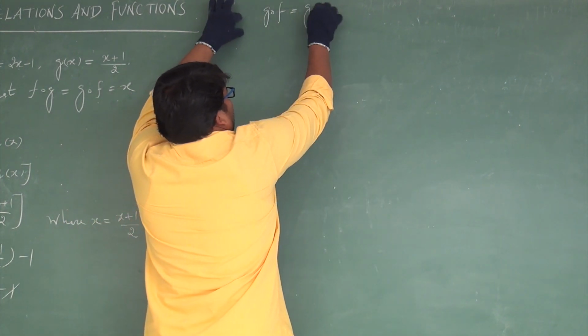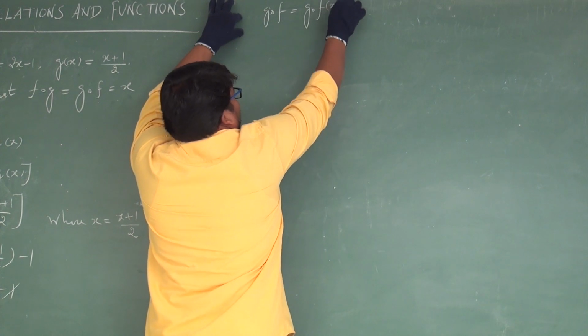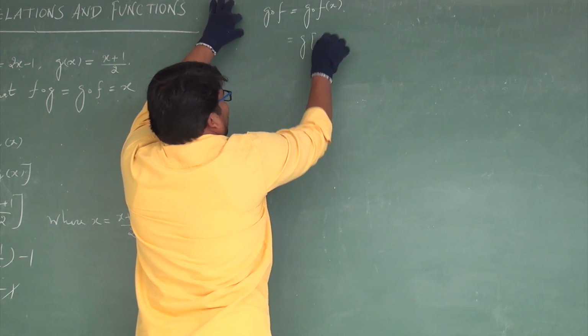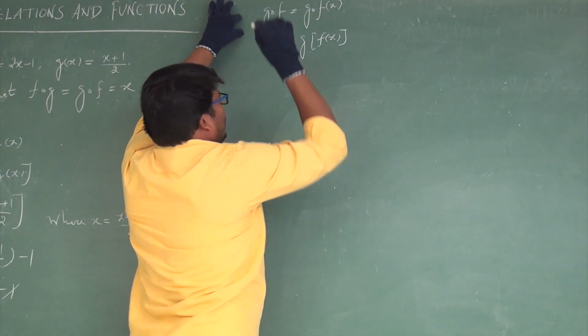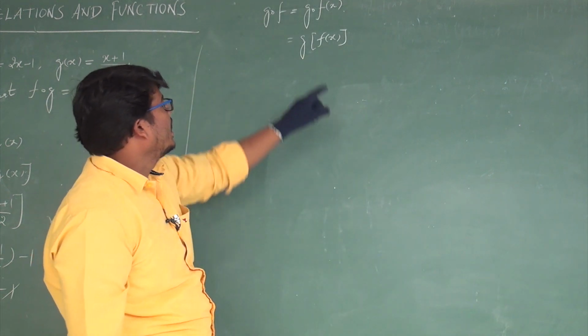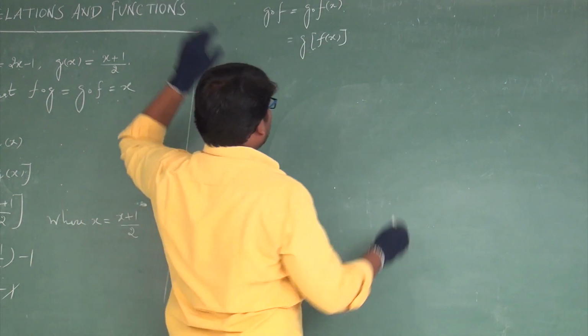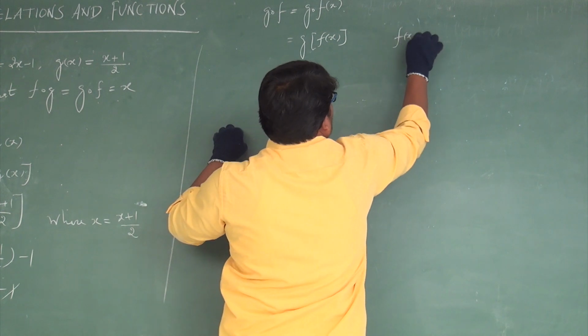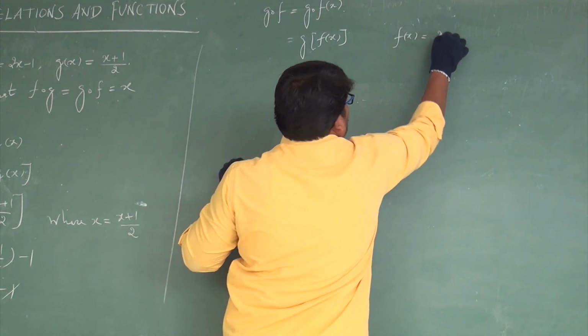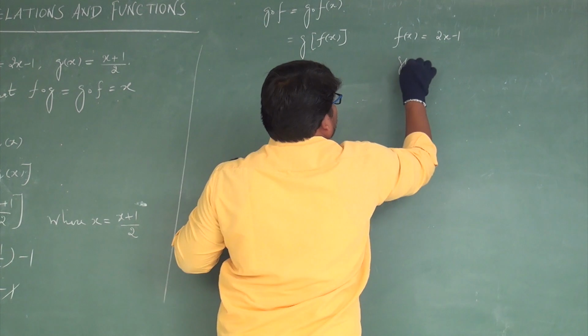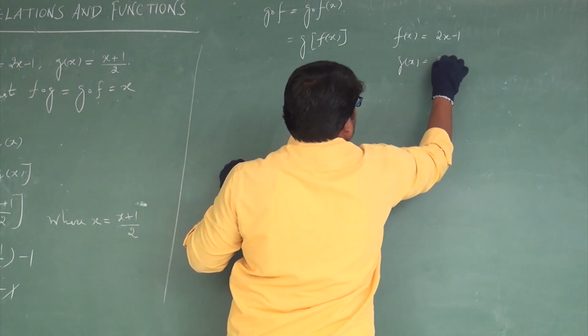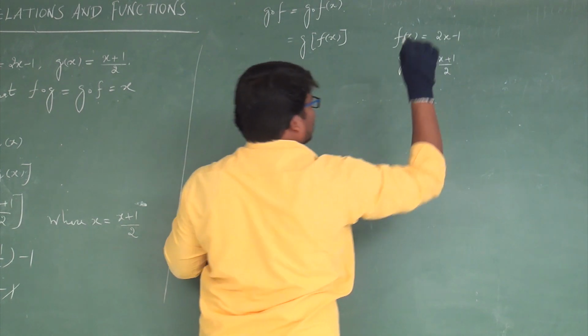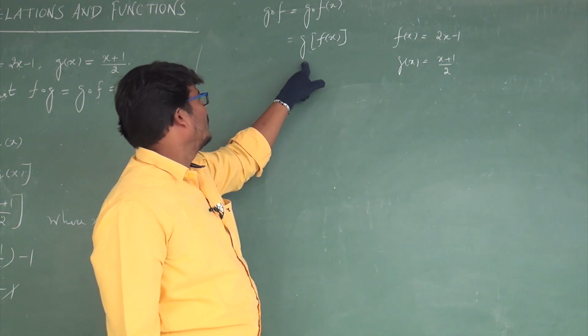Now g dot f of x is written as g of f of x. Here f of x is already given, f of x equal to 2x minus 1, and g of x is (x plus 1) by 2. Now substitute the value 2x minus 1 in g of f of x.